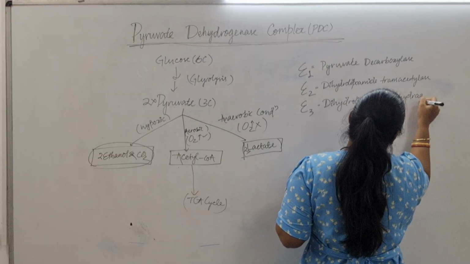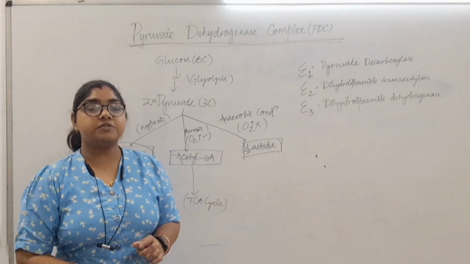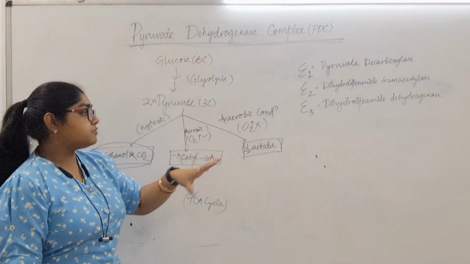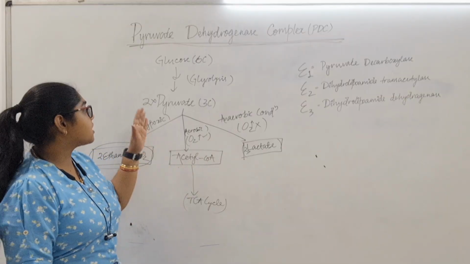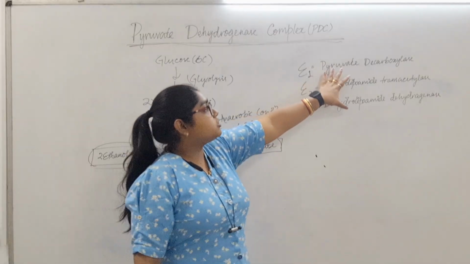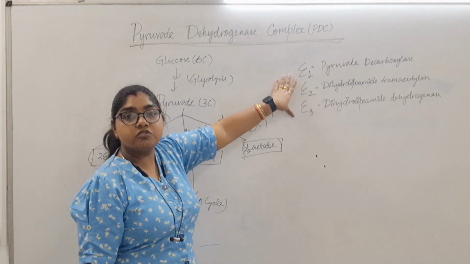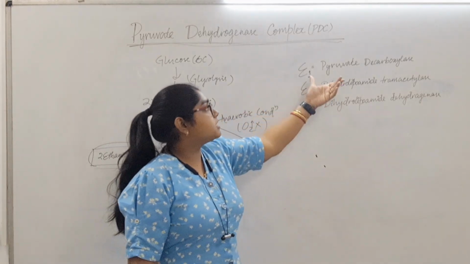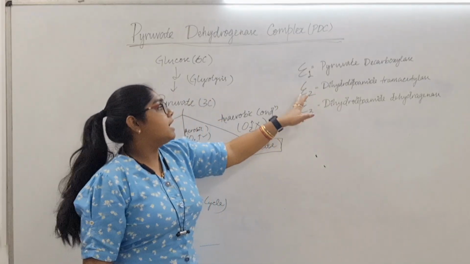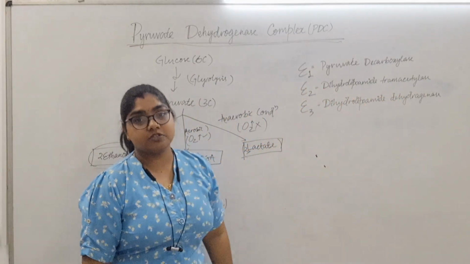So these are the three enzyme subunits of the pyruvate dehydrogenase complex, which altogether perform the conversion of pyruvate to acetyl coenzyme A. As the name suggests, the functions of the three enzymes are also the same: enzyme 1 is responsible for the decarboxylation process, enzyme 2 for the transacetylase process, and E3 for the dehydrogenase process.